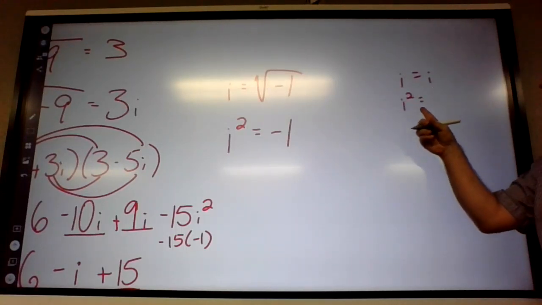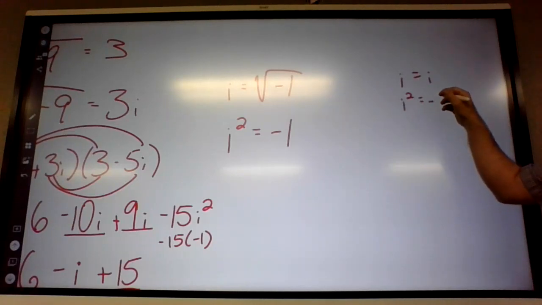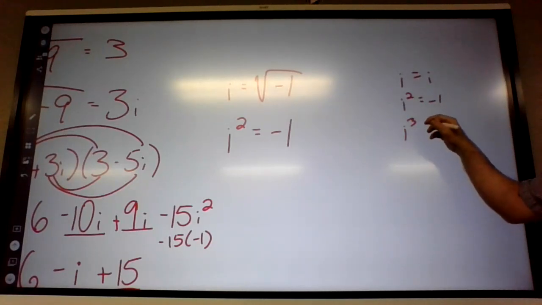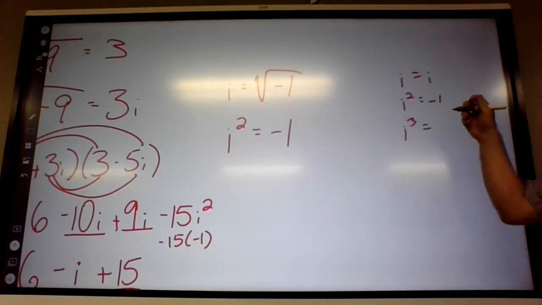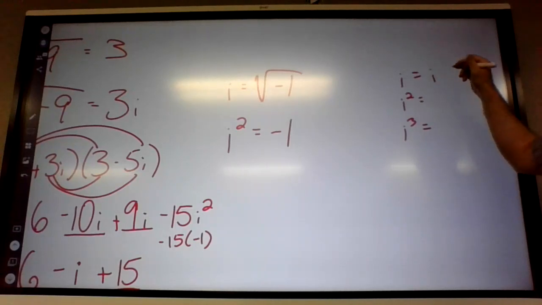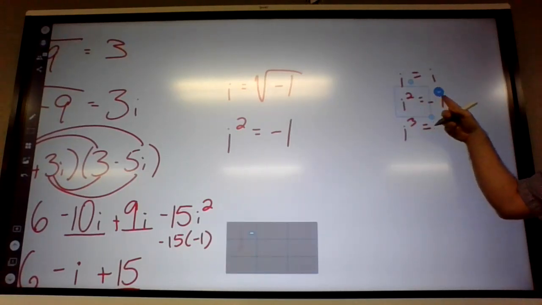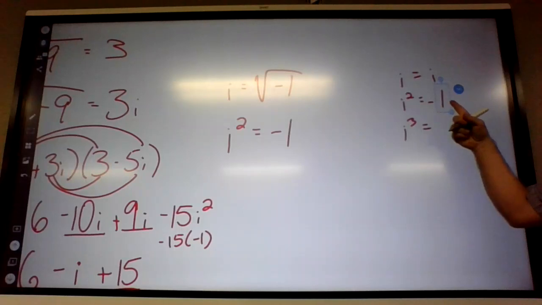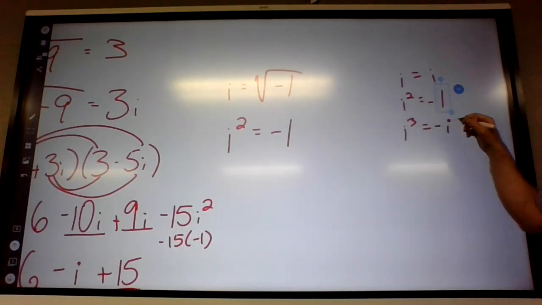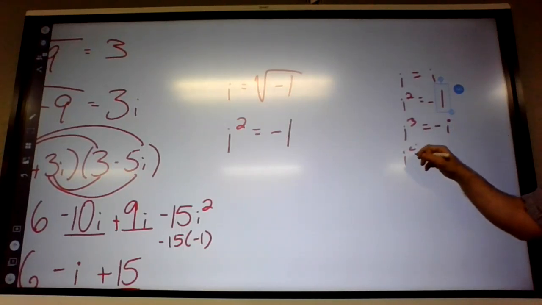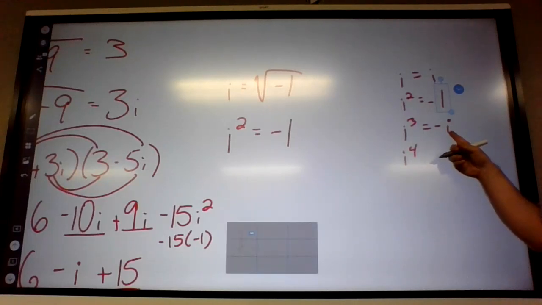Okay, what did I say i squared equals? Okay, i to the third would be negative 1 times another i, because i squared equals that, then you multiply by another i. So it's negative 1 times i, which would be negative i. i to the fourth would be that times another i.